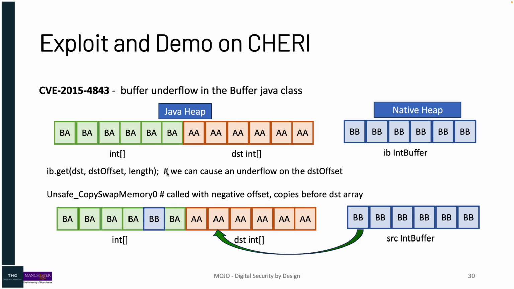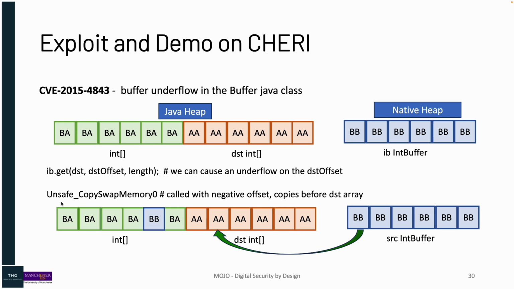And we can actually cause an underflow on this dest offset, which means that we end up copying before the dest array, so we end up copying into this int array here. What I'll show you later in the demo is that you can see this unsafe copy swap memory being called with a negative offset.